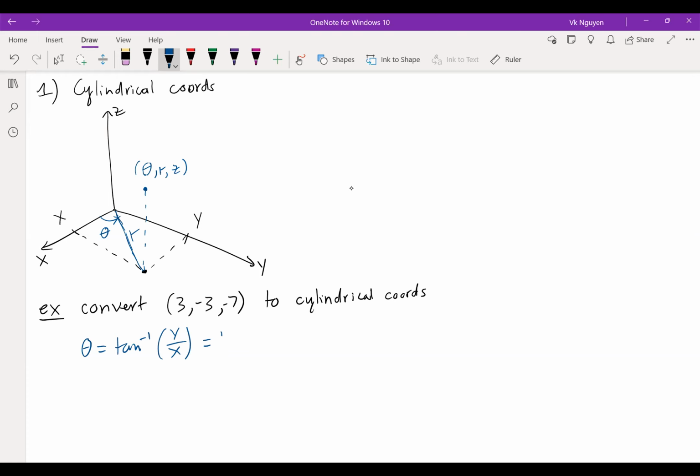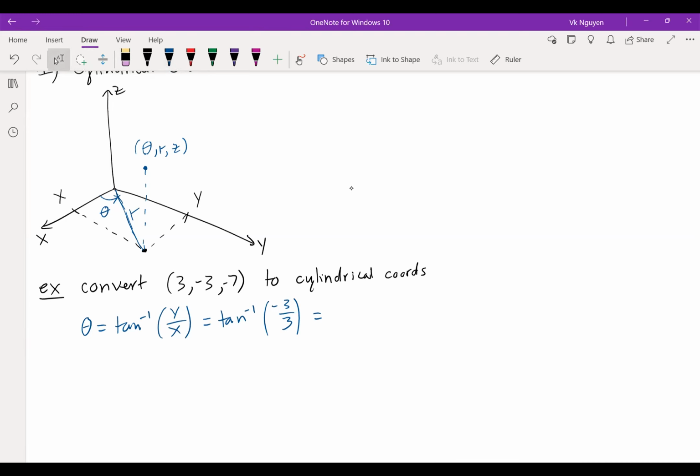Work it out. So it's going to be the arctangent of -3 over 3, which is the arctangent of -1. Well, make sure you use the correct quadrant. This is very important, because we're going to have to sketch up the point later. x is 3, y is -3.